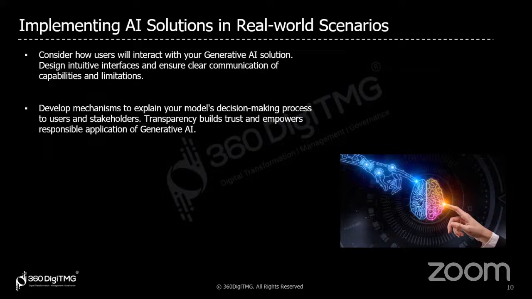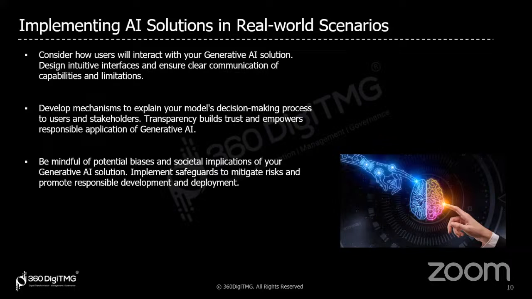Because ultimately, what GenAI can do is suggest what is to be done. But the decision again ultimately lies in the hands of the stakeholder, in the hands of the business provider, right? So if you build that kind of transparency between your model and the client, I think that will really boost your role as a data scientist there, and it basically empowers the responsible application of generative AI.